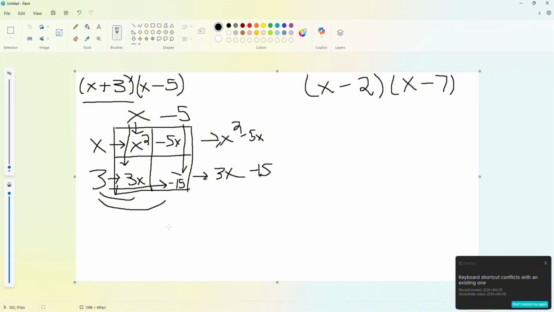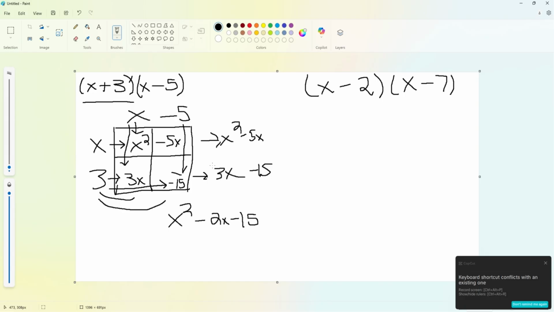Our values will be x squared, negative 5x plus 3x, which is negative 2x, and minus 15. That is how we multiply out our polynomials using the area method.